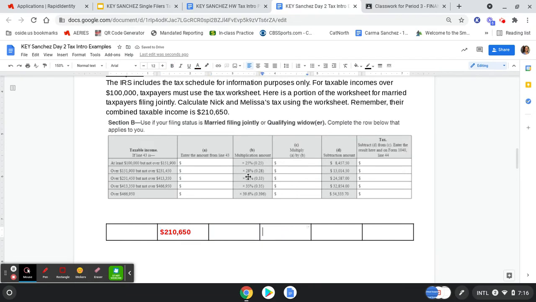And then I skip that 28% row column, and then I follow it over. And now I'm going to actually multiply 28% times the amount over. So we have to take the 210 and subtract the 151.